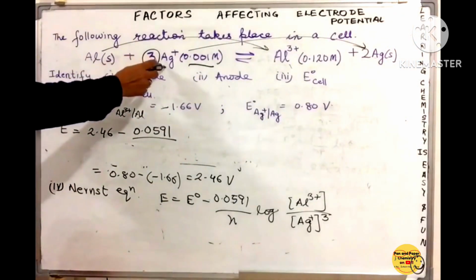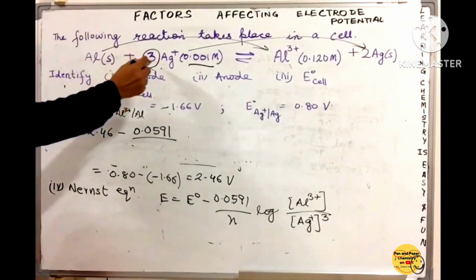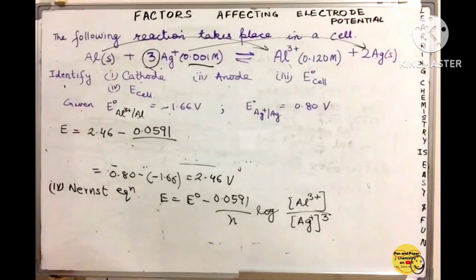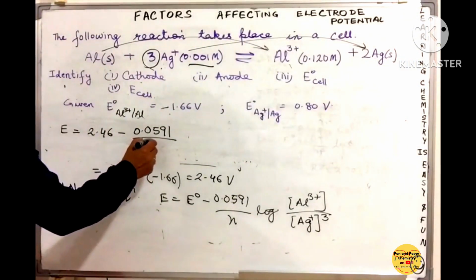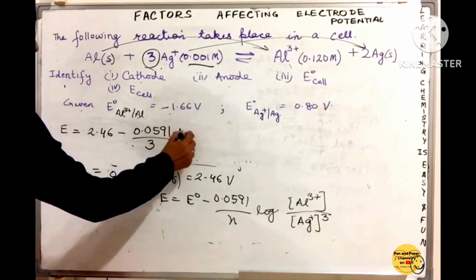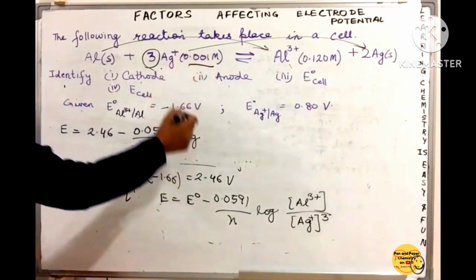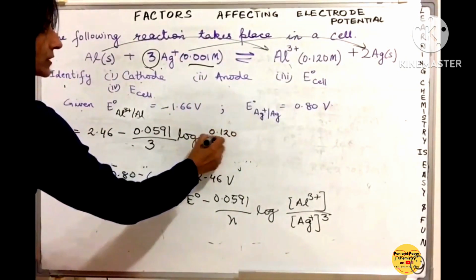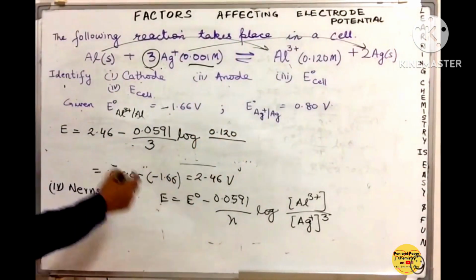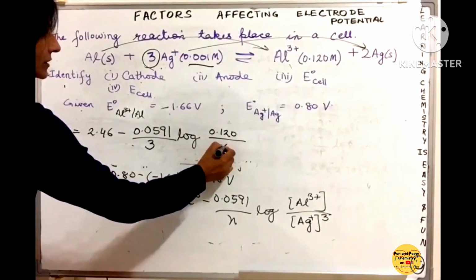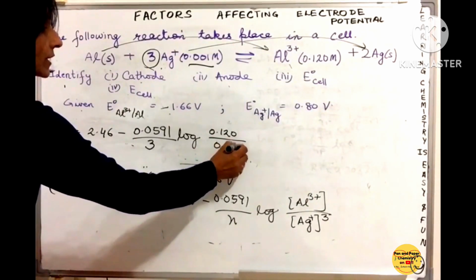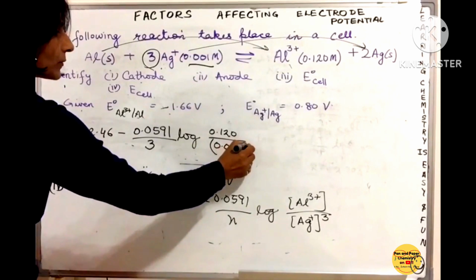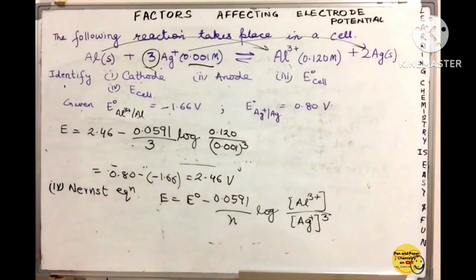Each silver ion is gaining 1 electron. There are 3 silver ions involved in this equilibrium reaction. So divided by 3 log of concentration of aluminium, moles per liter 0.120, over concentration of silver ions 0.001, whole thing to the power of 3.